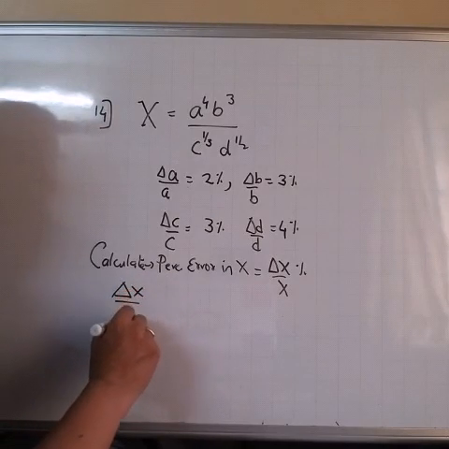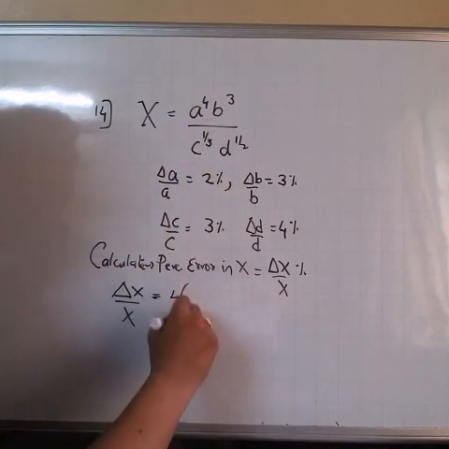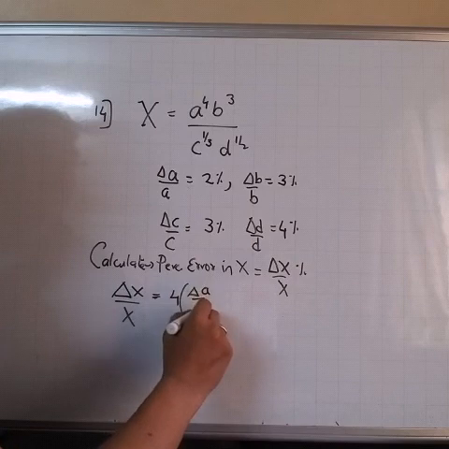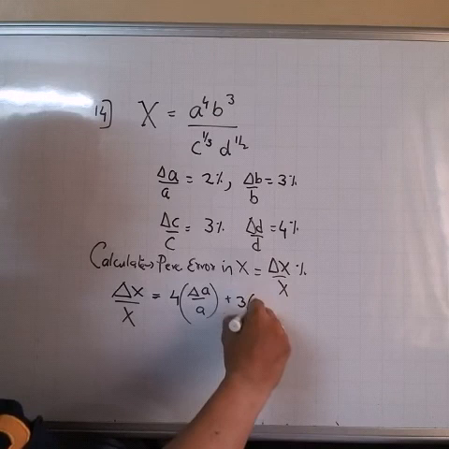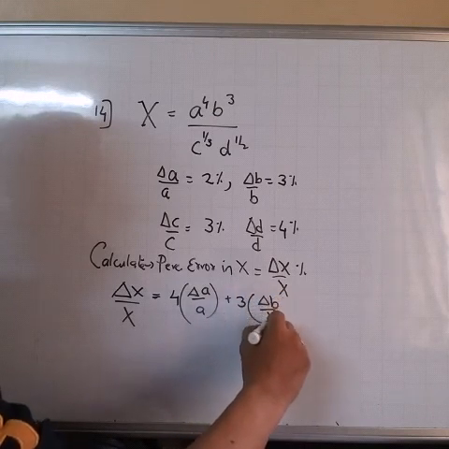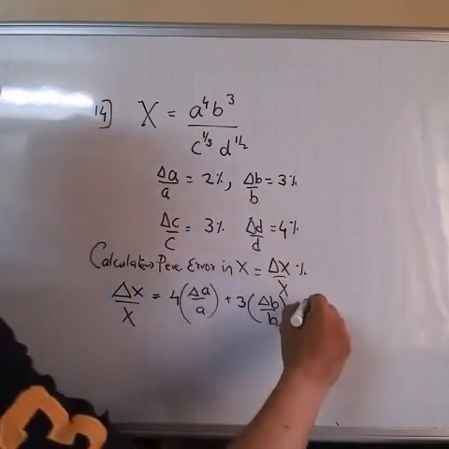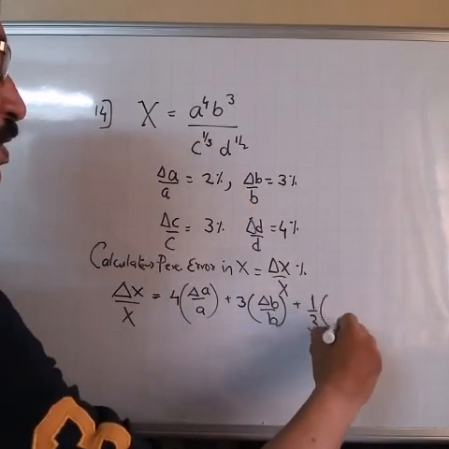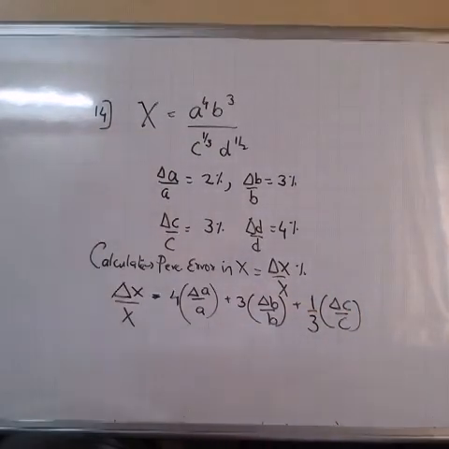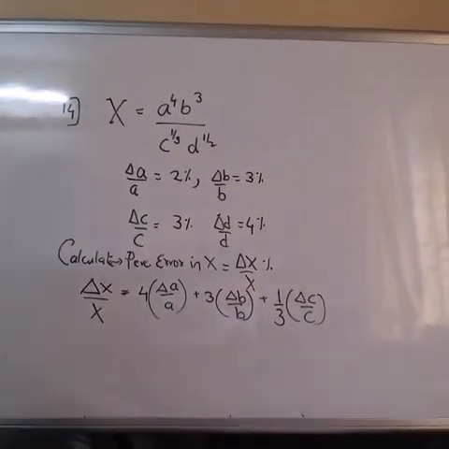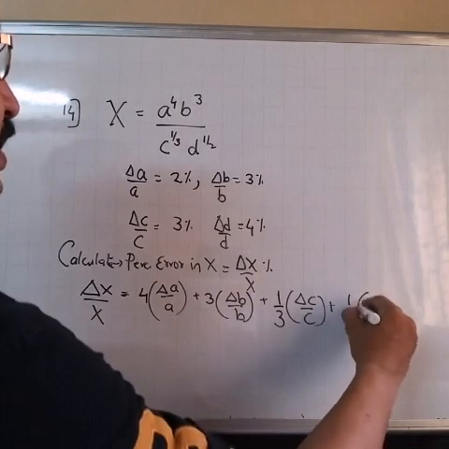Delta x upon x will be, a raised to 4 means 4 times delta a upon a plus 3 times delta b upon b plus, c raised to 1 by 3, so 1 by 3 times delta c upon c, plus 1 by 2 times delta d upon d.